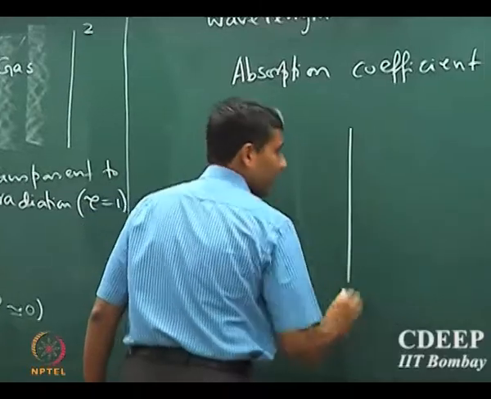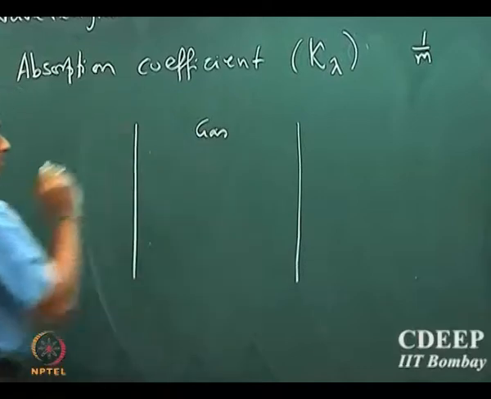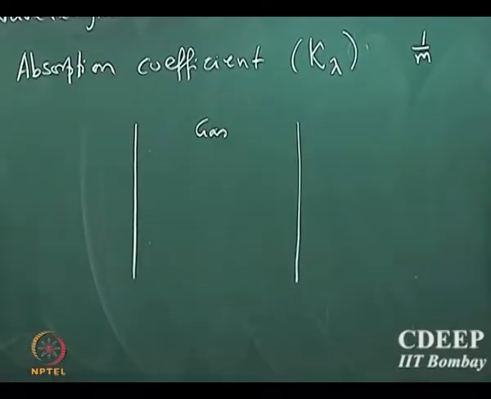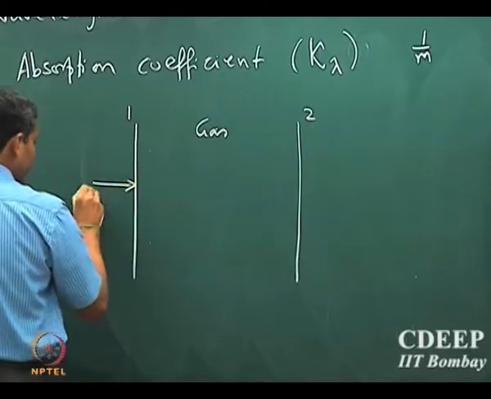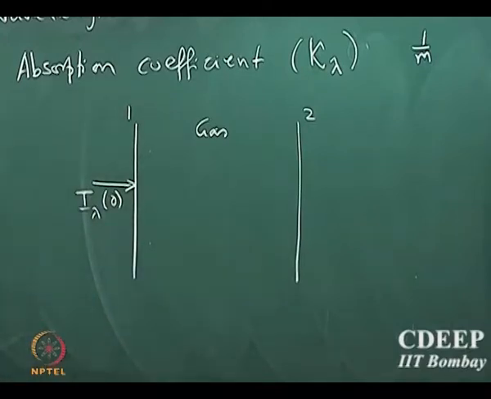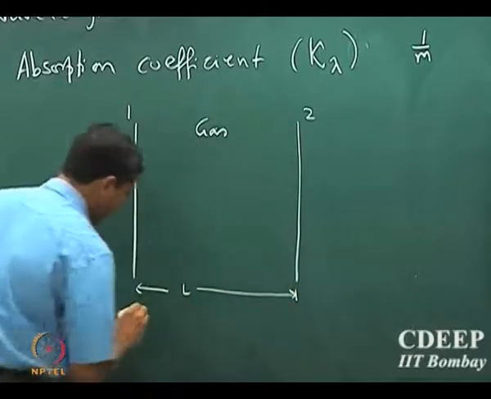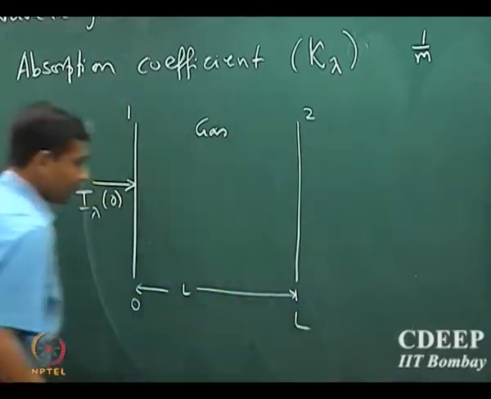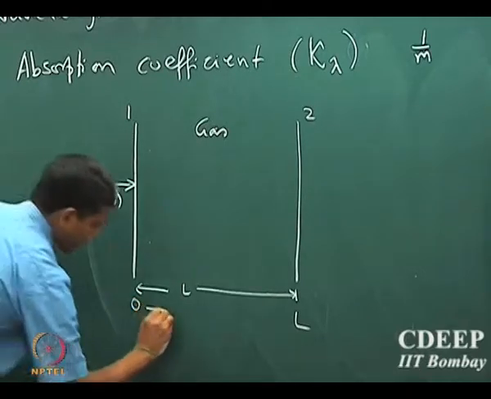So suppose I have a gas filled between two plates, surface 1 and surface 2, and let us say the intensity of radiation that enters the gas at surface 1 is I lambda naught. The width of separation is 0 to L, and I call this my x coordinate system.